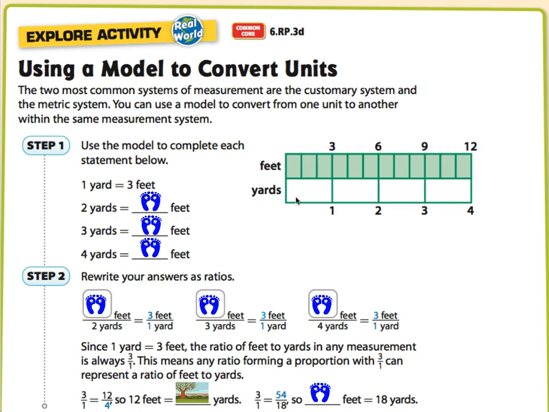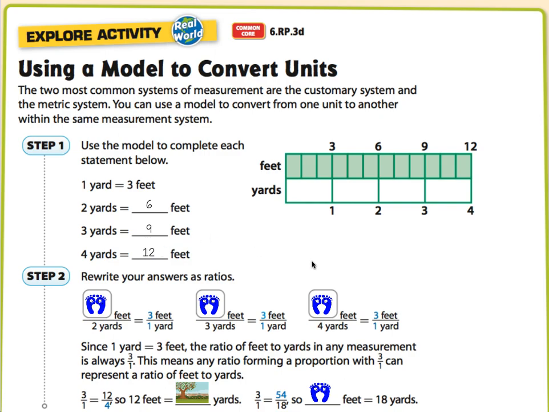If I have 2 yards, so 2 of these larger rectangles, I will have 6 of the smaller ones, so I will have 6 feet. If I have 3 of the larger rectangles, I see that I have 9 feet. And if I have 4 yards, I will have 12 of these smaller rectangles, and I have 12 feet.